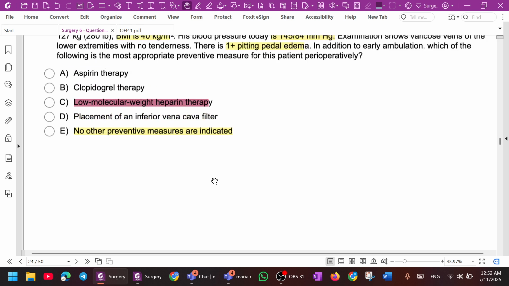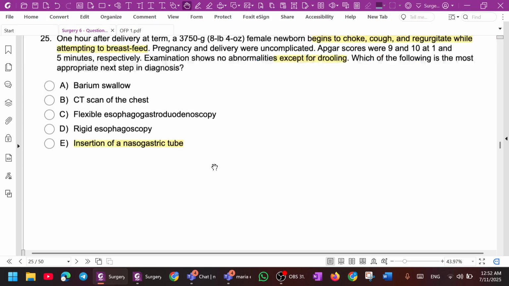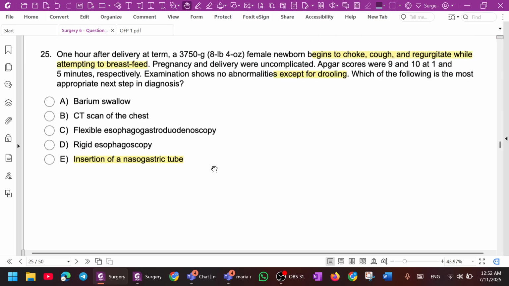Insertion of the nasogastric tube is the most appropriate next step in diagnosis in the evaluation of potential esophageal atresia with or without tracheoesophageal fistula. The typical presentation for a newborn with esophageal atresia is inability to feed with associated gagging and inability to manage oral secretions. The presence of TEF conveys an increased risk for aspiration pneumonia and respiratory distress. Initial evaluation requires placement of the nasogastric tube and evaluation of its position with a chest X-ray.